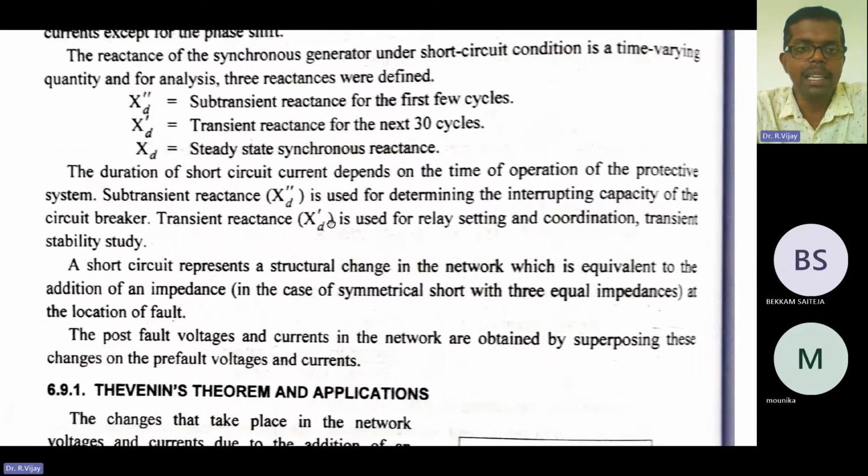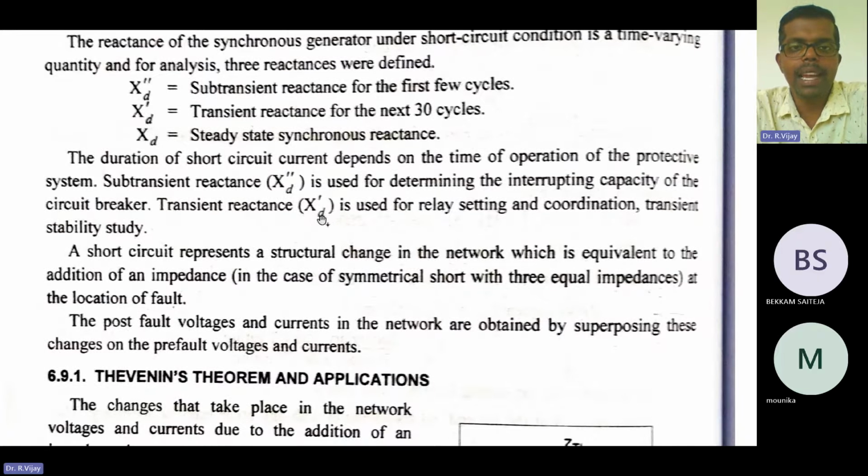So Xd'' is the subtransient reactance, and Xd' is the transient reactance, each for only a few cycles. Few cycles means, okay, some 30 seconds. Say, for example, there are two lines, and one line touches the other line for just a millisecond or a microsecond, touching and coming back.